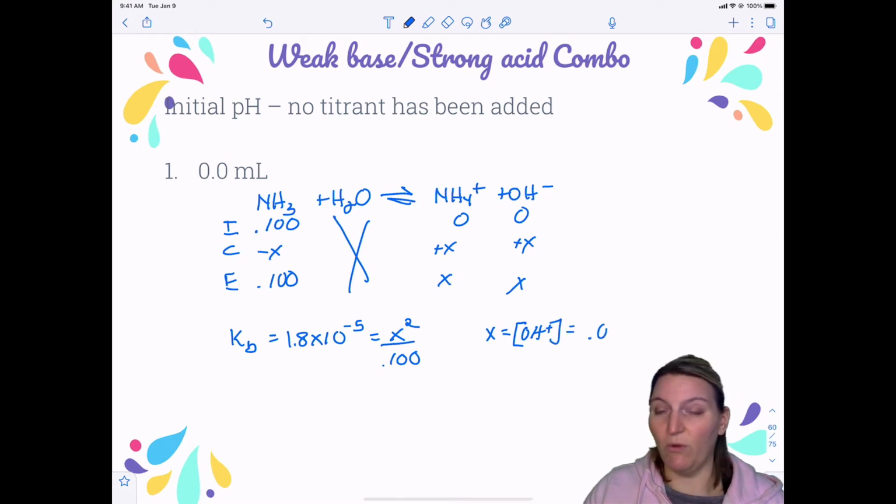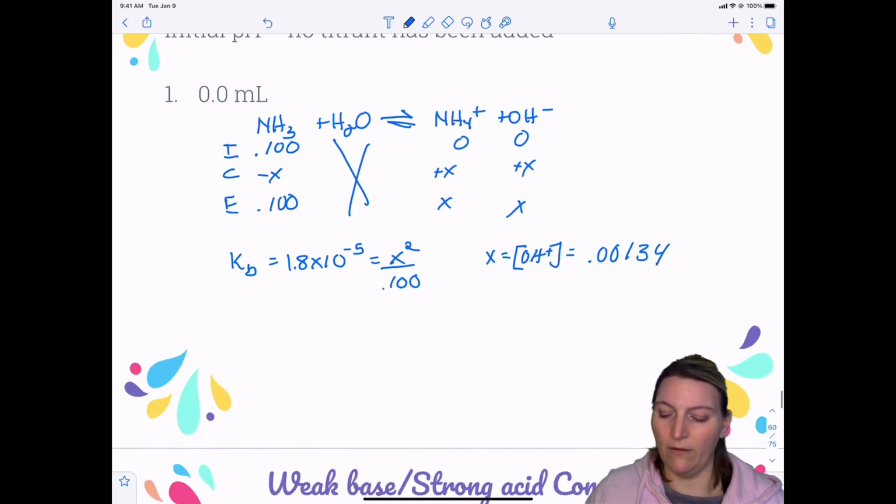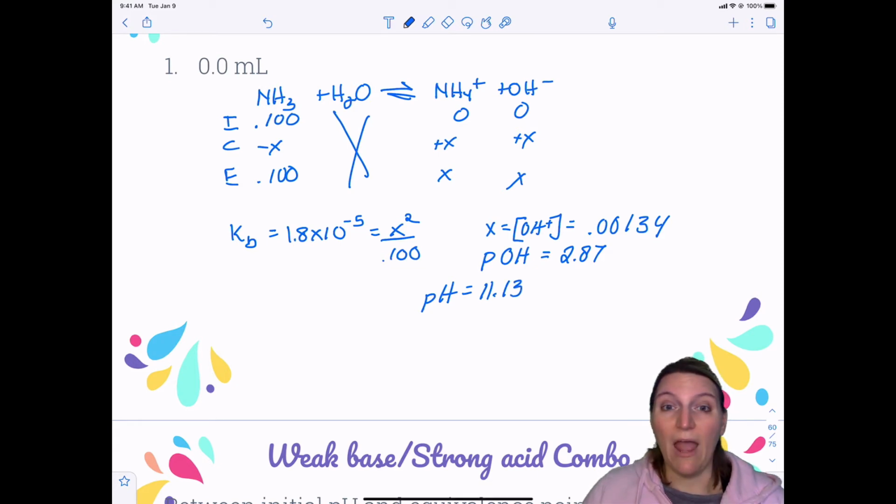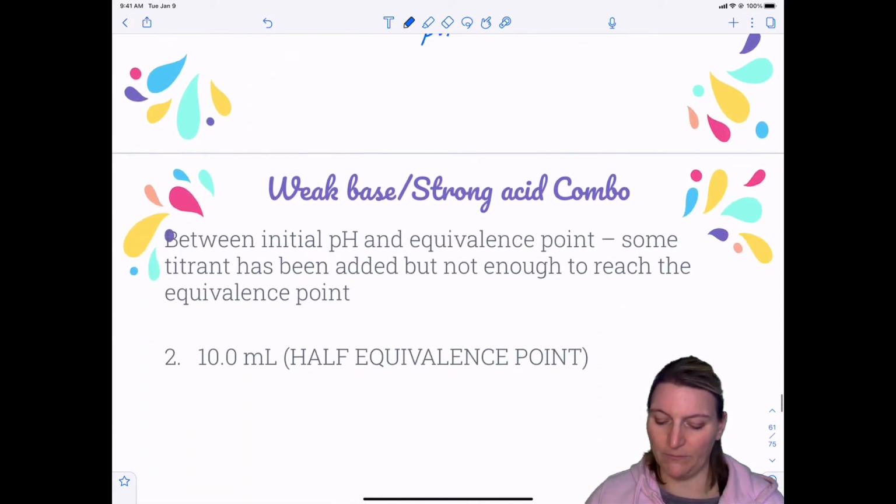And that comes out to be 0.00134. pOH would be the negative log of that, and that's 2.87 for a pH of 11.13. And that makes a lot of sense because we know we would be starting out with a basic pH, a pH that's higher than 7, but not like 13.5, not super basic, because again, it is just a weak base.